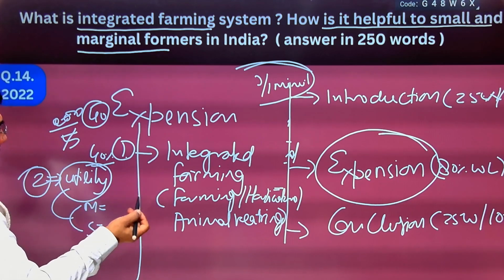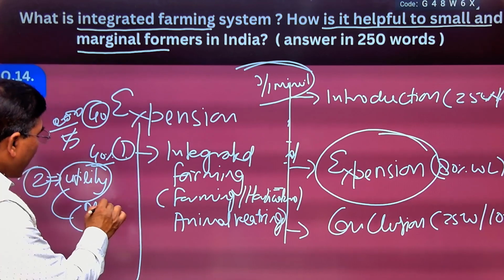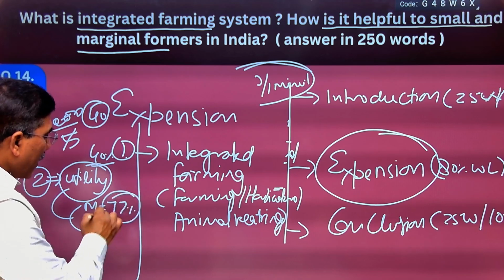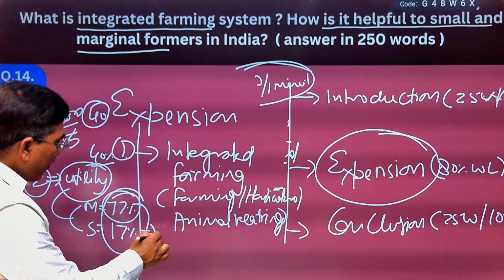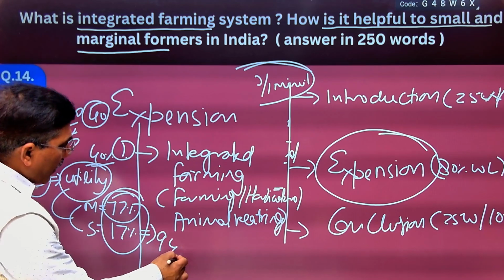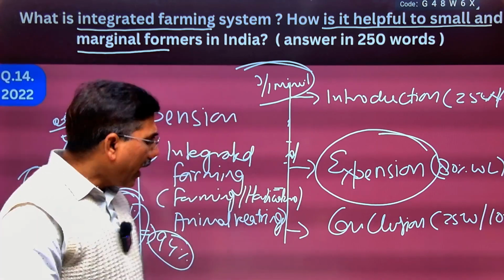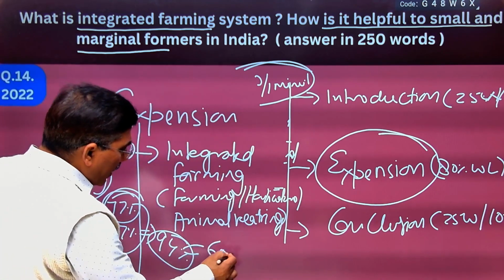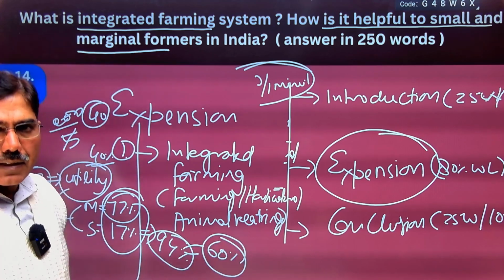As you know, out of total farmers, how many are marginal? 77% are marginal, 17% are small. In this way, 94% of farmers are either marginal or small, and they hold only 60% of total agriculture land. And they always face different kinds of problems.